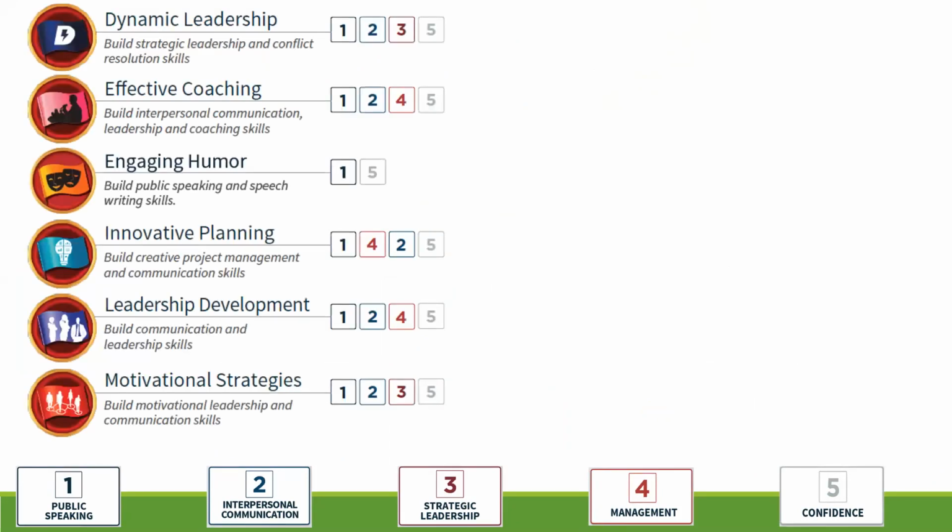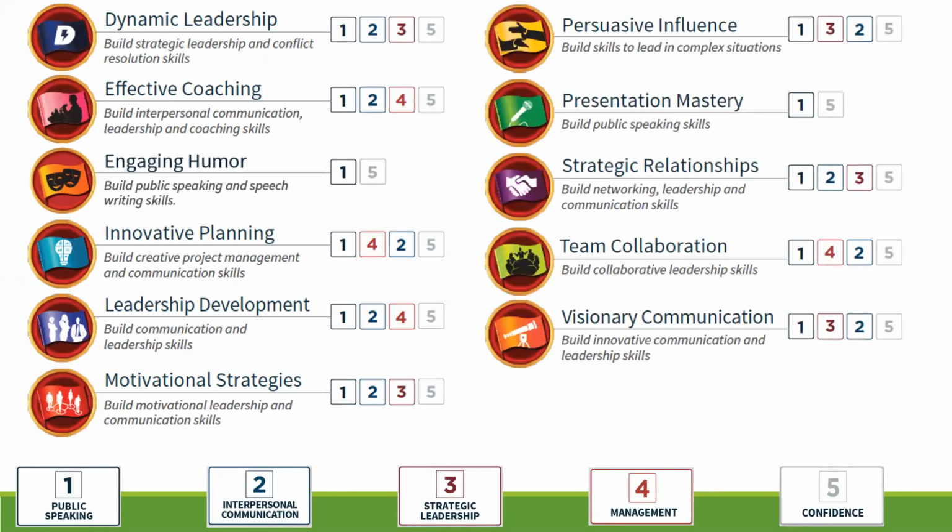So here are the 11 paths. Just take a moment to look at these 11 paths. As you have noticed, all 11 paths have public speaking, number 1, and number 5 as the skills you will gain when taking any of these paths.